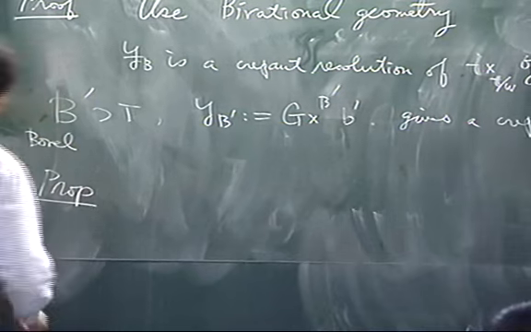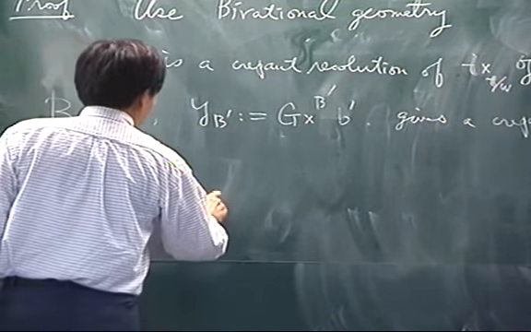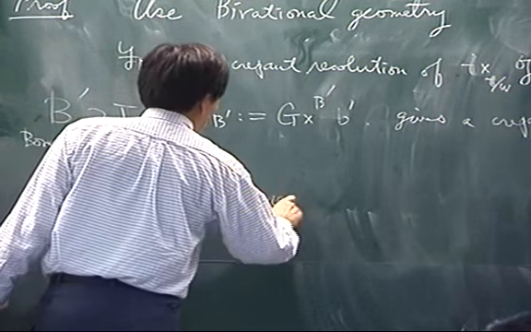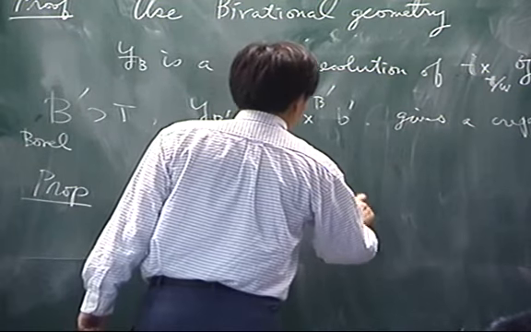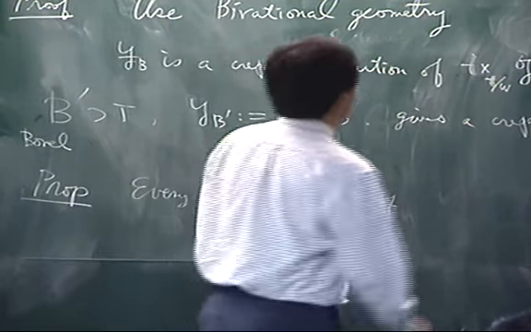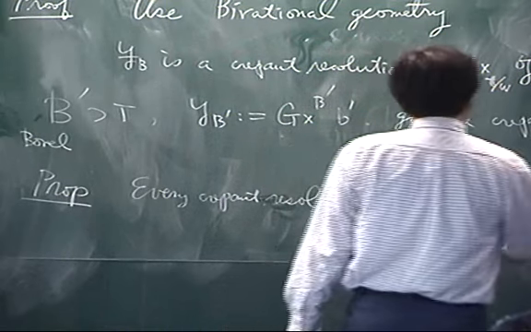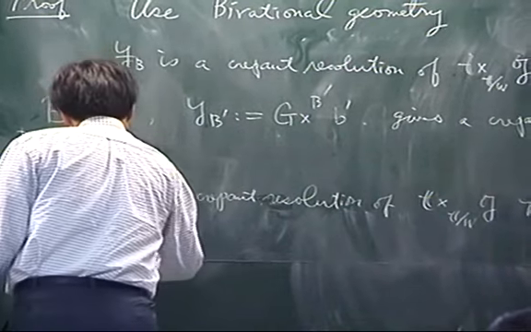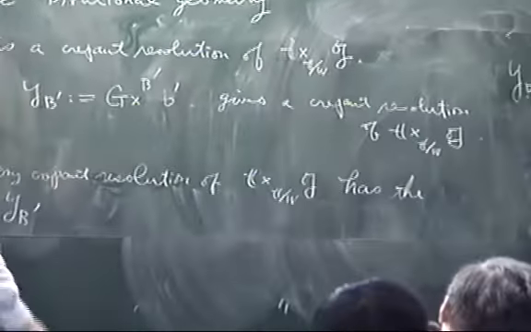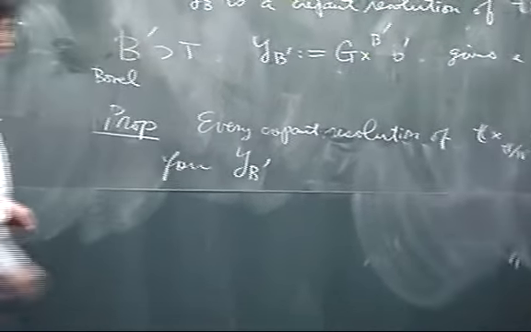So one can check the following proposition: every Crepant resolution of T times T mod W K has this form, Y_B', where B' is any Borel subgroup containing T.